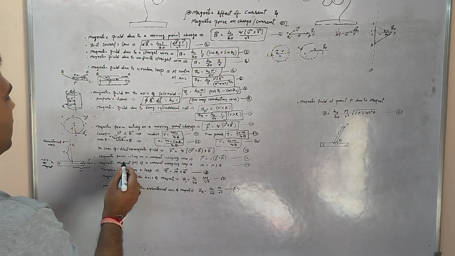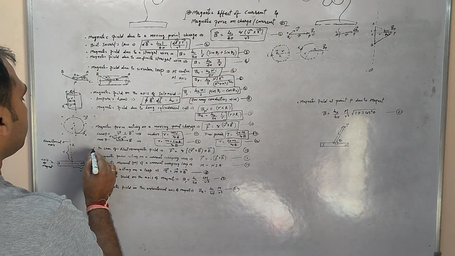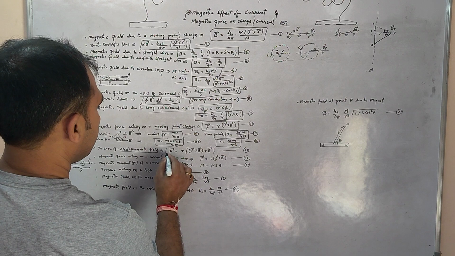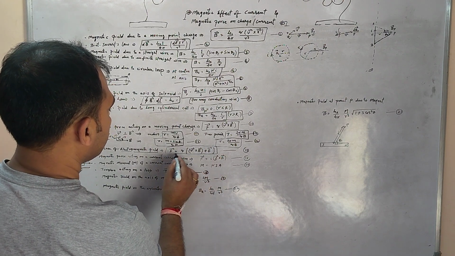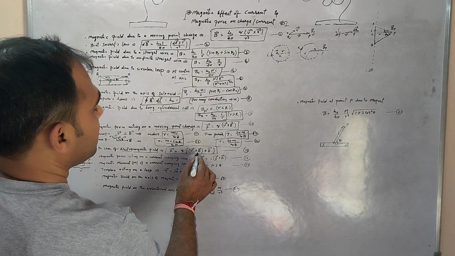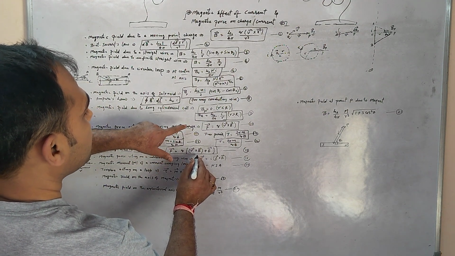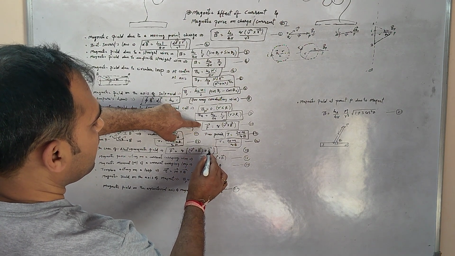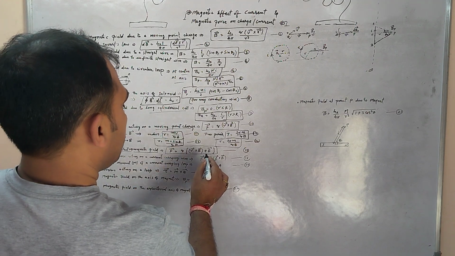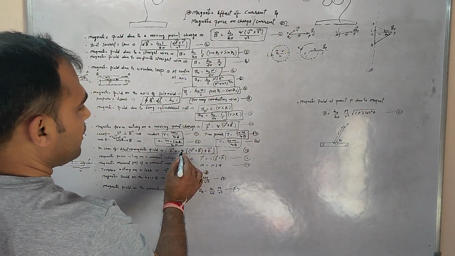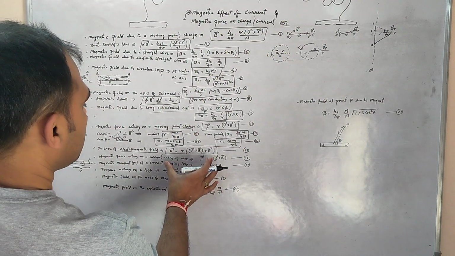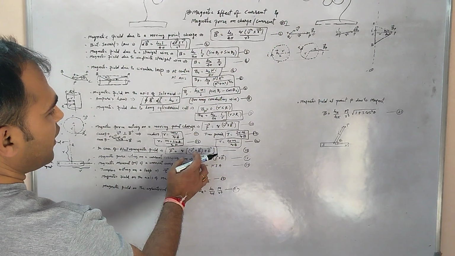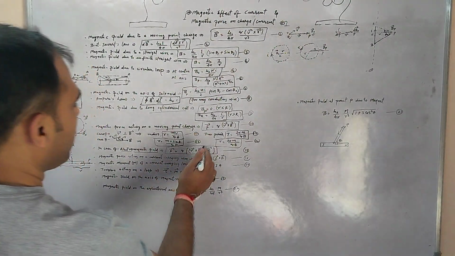Now next, in case of an electromagnetic field, force will be equal to q v cross B due to the magnetic field, and qE, the electrostatic force due to this electric field E. So the net force will become electric plus magnetic, electromagnetic.